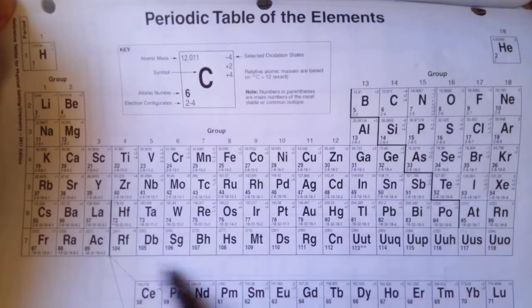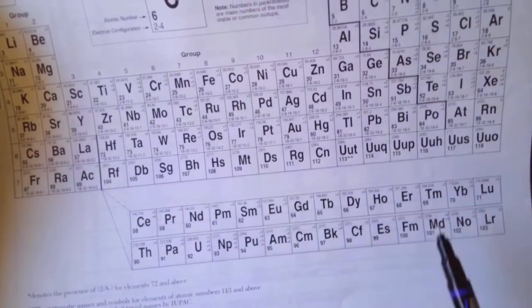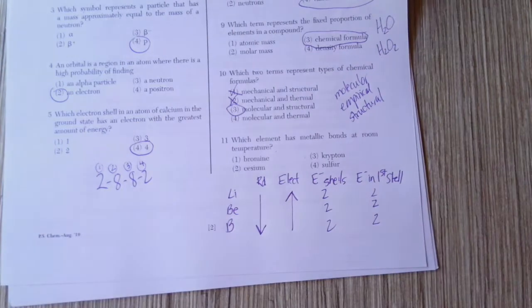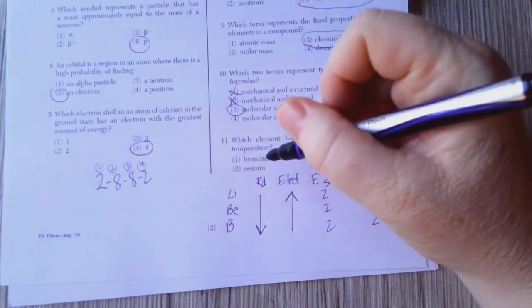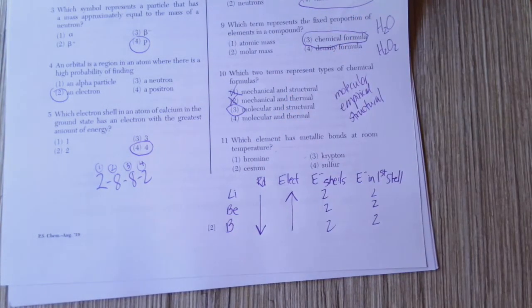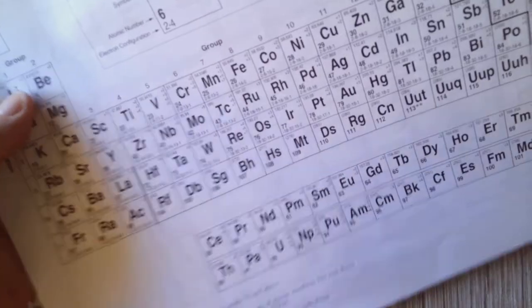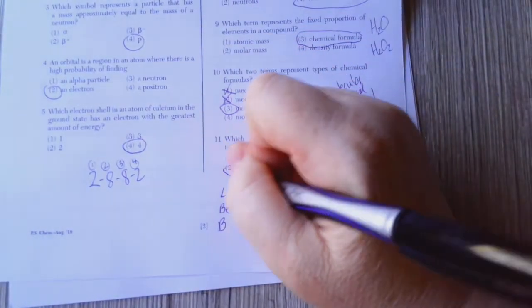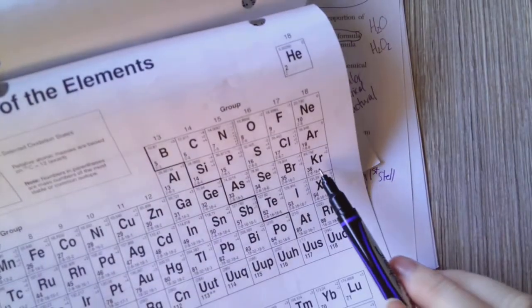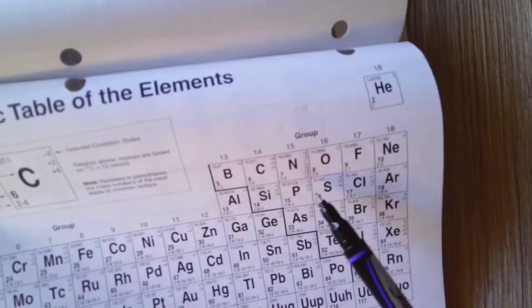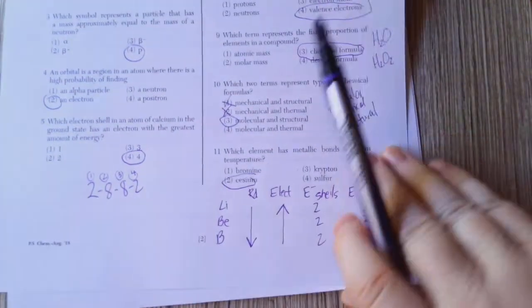And everything over here and everything down here are all metals. So bromine, right here, non-metal. Cesium, right here, metal. Krypton, right here, noble gas. And sulfur, right here, non-metal.